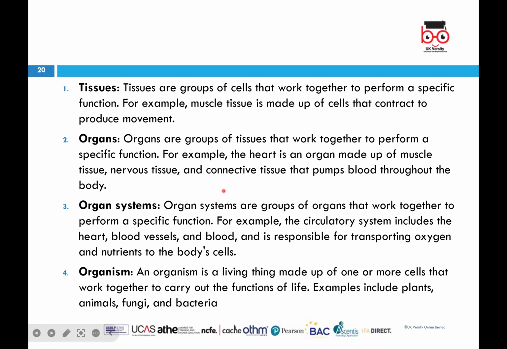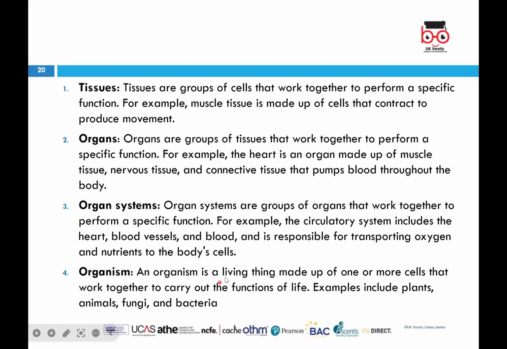You have organ systems. We talked about the circulatory system and the respiratory system. So you have different parts within the systems. The circulatory system, for instance, comprises the heart, which is an organ, blood vessels, which are organs again, and blood, and is responsible for transporting oxygen and nutrients to the body cells.